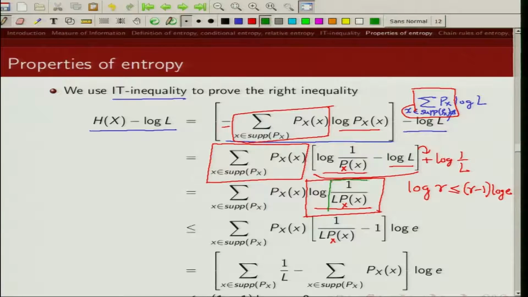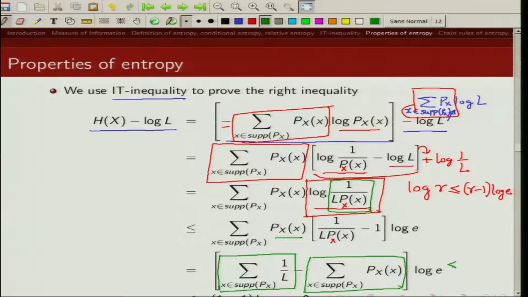This is my R here, right? So, I can then write log of R as R minus 1 times log of E. So, this can be written as R minus 1 log of E. Then simplifying it, the first term is summation over Px 1 by Lpx, and the second term is minus summation over the support set of Px, Pxi.